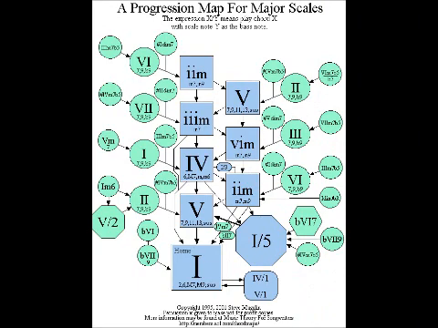Essentially, what you're looking at is a collection of blue squares, which are your main diatonic chords. For example, I just played the C scale.